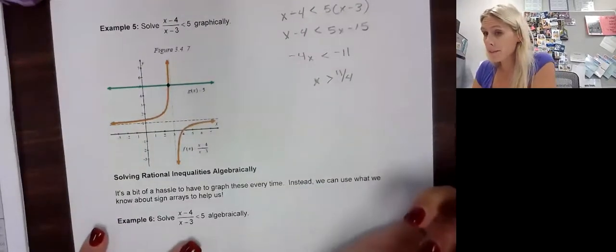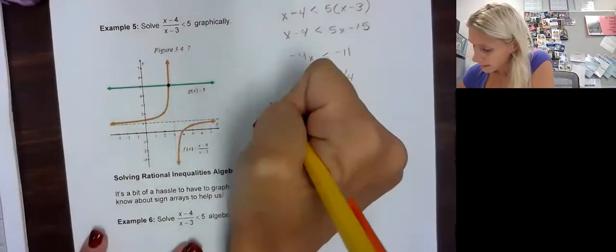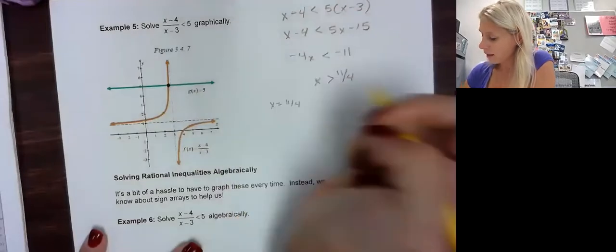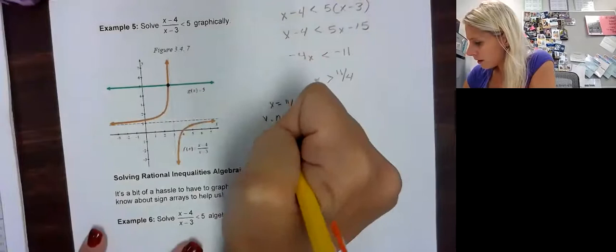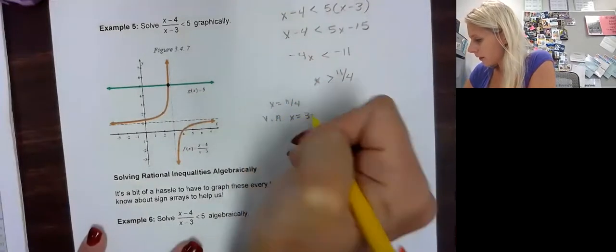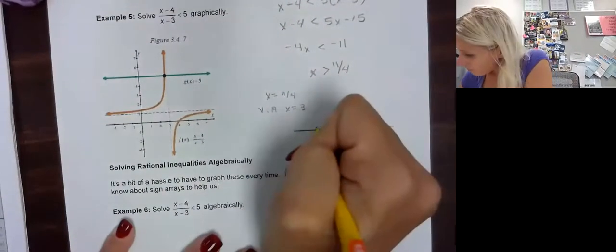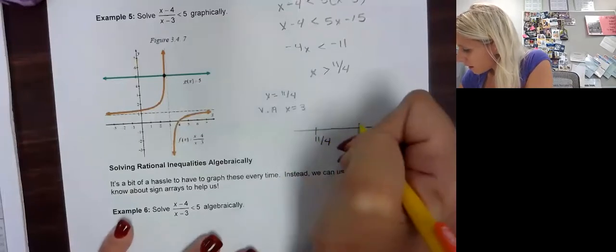We also have to look for any asymptotes, so our solution is x equaling 11/4, and our vertical asymptote is x equals 3. So now we'll do our sign array. 11/4 is less than 3.